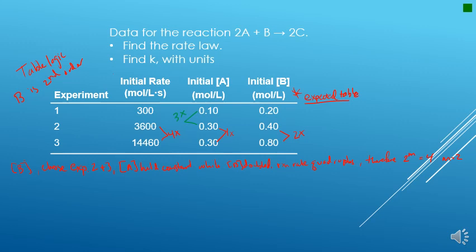Now I could either divide the second trial by 2, or I can multiply the first trial by 2. So I'm going to take this and multiply it by 2. When I do that, that gives me 0.40 for the molarity of B in trial number 1.